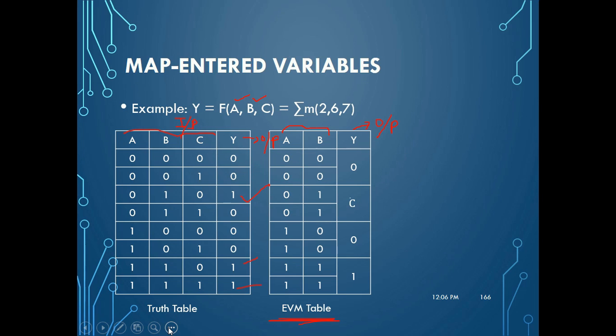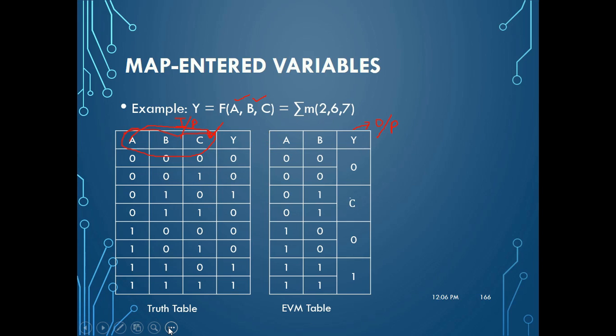That's why we had three variables initially, A, B, C. I am going to reduce it to two variables now. And what happens to the extra term C? C will be entered on the output side. C will appear here at the output side. So that is what we want to do here. Let us look at the problem now.